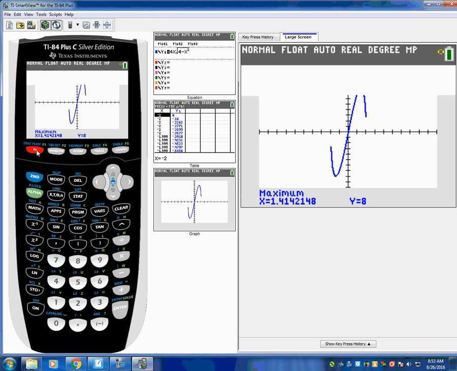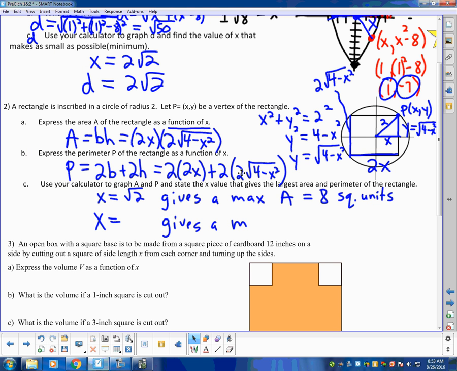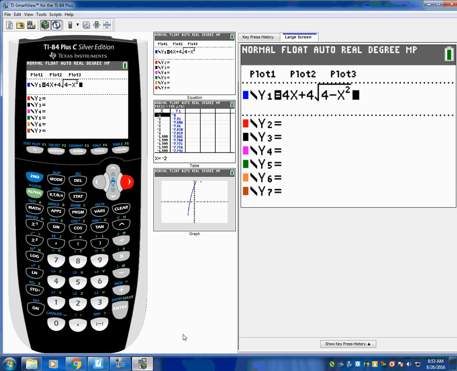Going over here to y equals, I'm going to go ahead and simplify it: 4x plus 4 times the square root of 4 minus x squared. So I'm just multiplying the 2's here. So it looks like that. And hit graph.